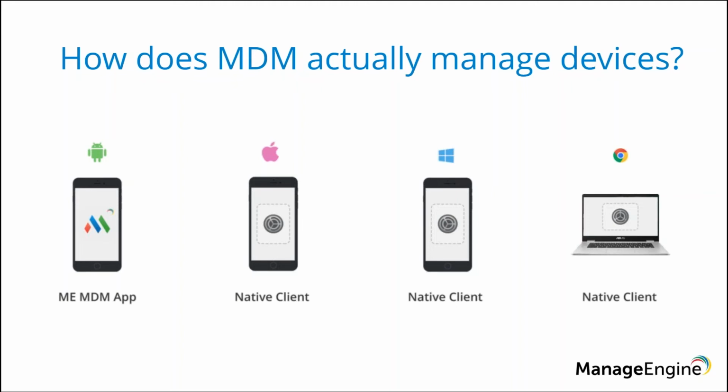But in the case it's a Windows machine or a Mac machine or an iOS device or a Windows phone, what we do in this case is that the developers or the vendors themselves have given a native client on their OS itself. So using that native client, we would manage your mobile devices. So an MDM application is strictly not necessary in these devices.